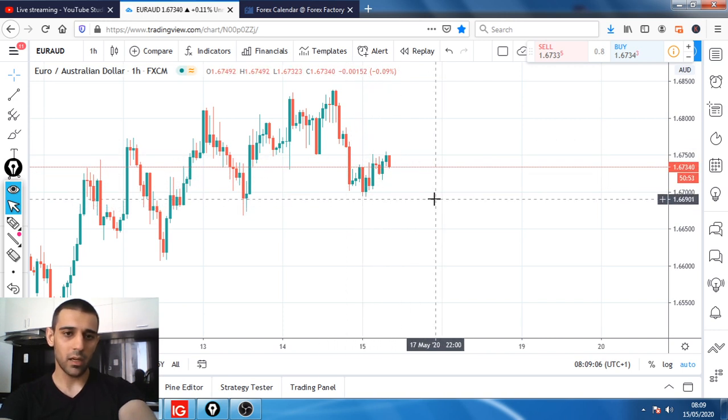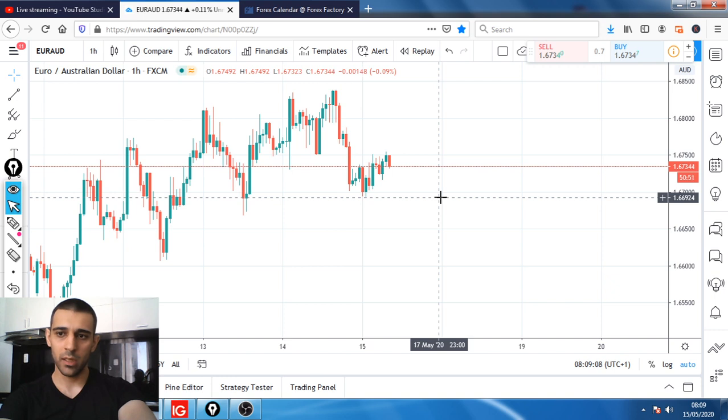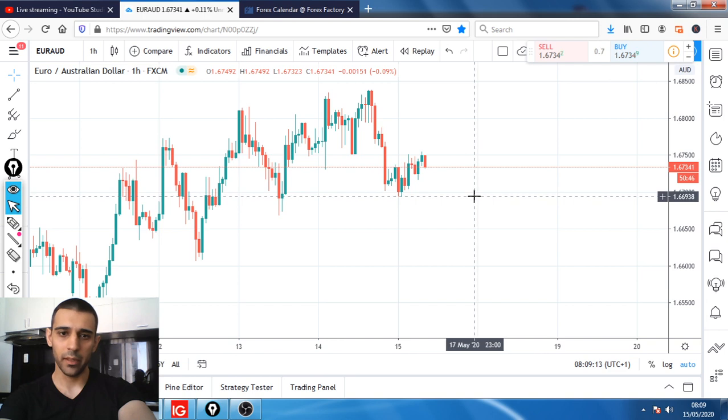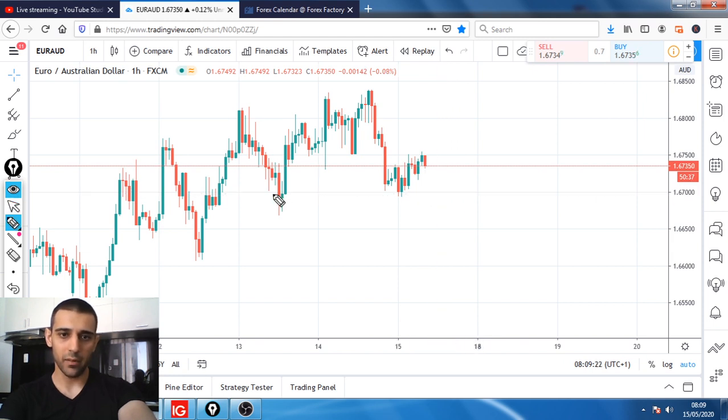And as far as the targets go, let's look at the targets. If you want to play a bit safer, then I would say have a target down to this level. Generally the price likes to return to these lows, which have already been tested. It already came down, tested again, and there's a good chance the price will make its way down to this level, and most likely break this level and continue further down.